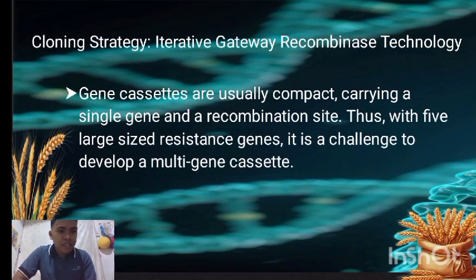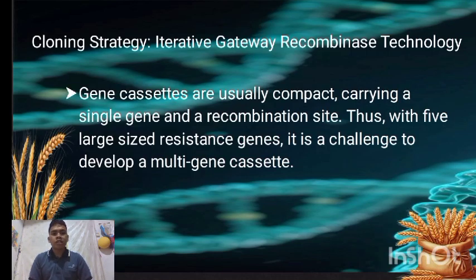Cloning strategy: iterative Gateway recombinase technology. Gene cassettes are usually compact, carrying a single gene and recombinase site. Thus, with the 5 large-size resistance genes, it is challenging to develop a multi-gene cassette.